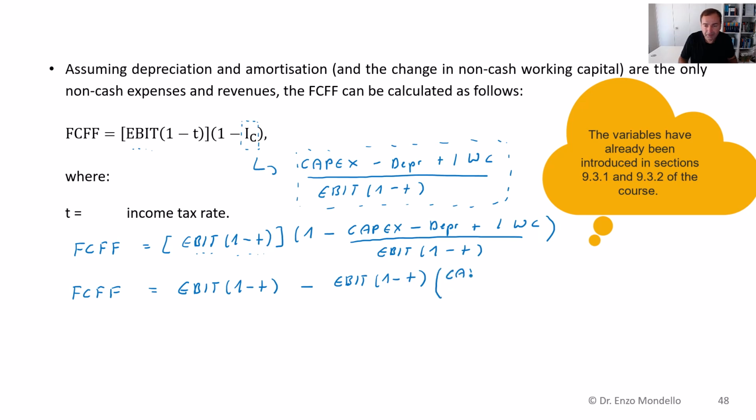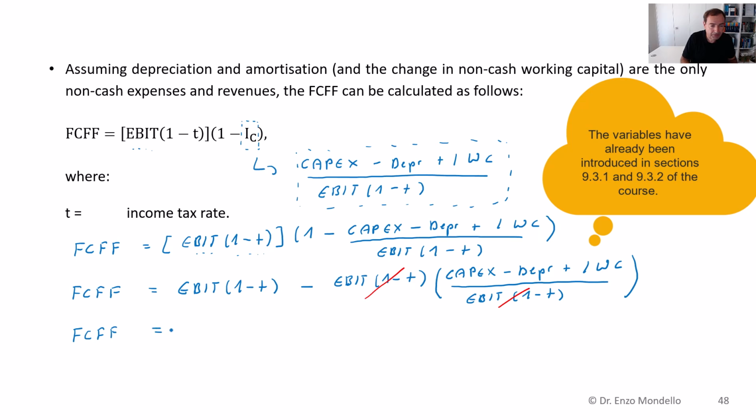That's the CapEx, capital expenditures, minus depreciation and amortization, plus the investments in non-cash working capital, divided by the operating income times 1 minus the income tax rate. And now we can cancel out the EBIT times 1 minus the tax rate, and rewrite the free cash flow to firm as follows.